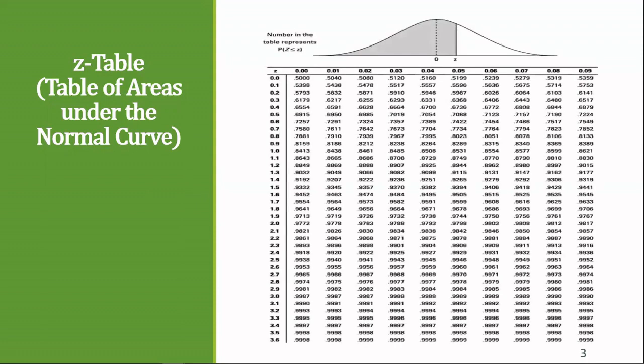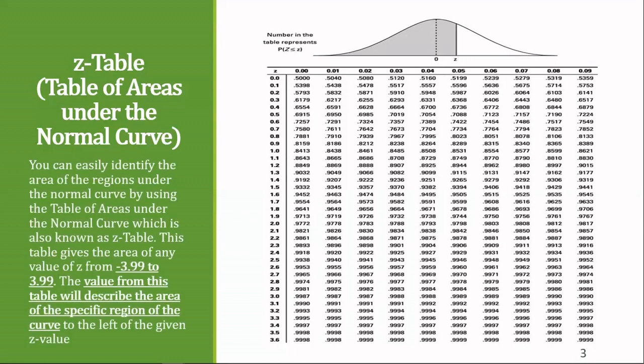So this is what it looks like. There are positive and negative values there. These are the positive values, and then there are also values for negative values. You need to have a copy of this one. Do not worry, I will provide one in our Google Classroom.